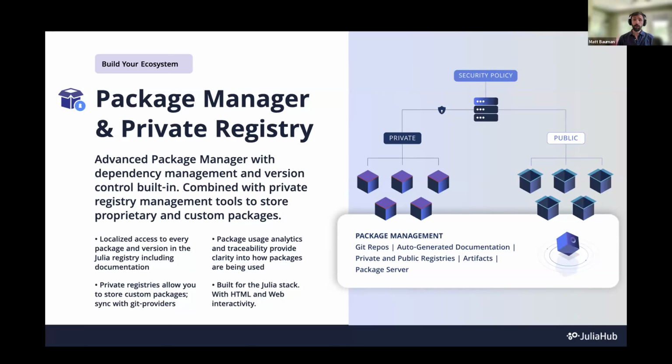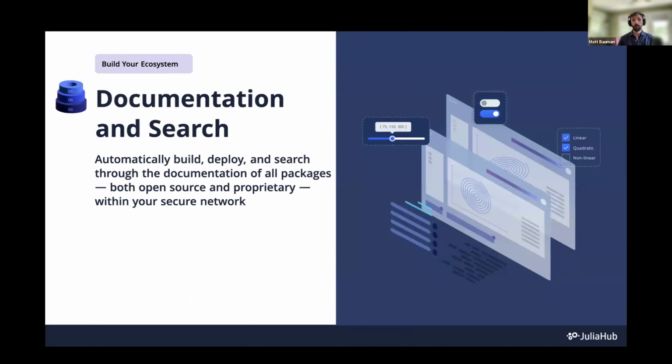JuliaHub brings UIs in order to register and update the packages that you have versioned and exposed out through the JuliaHub package server, and has all of those sorts of package management tools built into it for the automatically generated documentation, the searchability across the entire code base that's available to you.